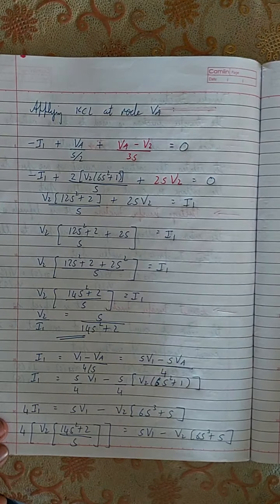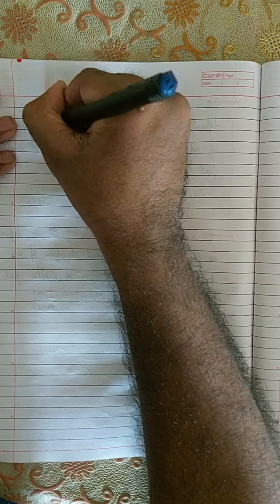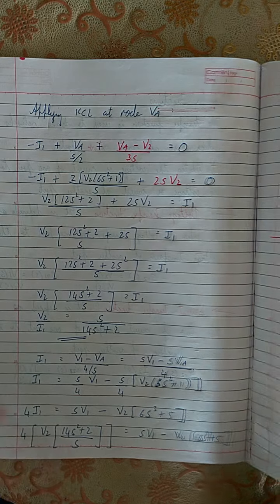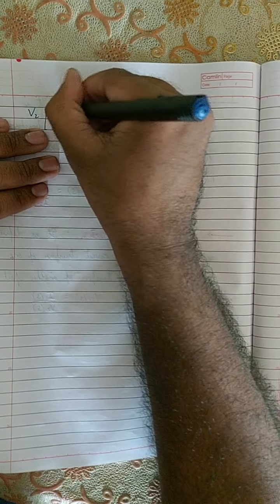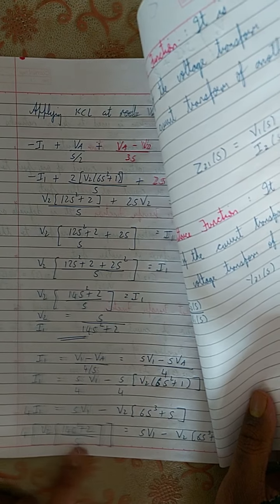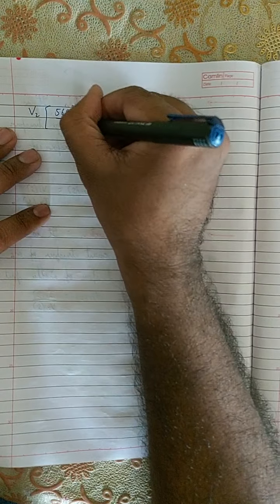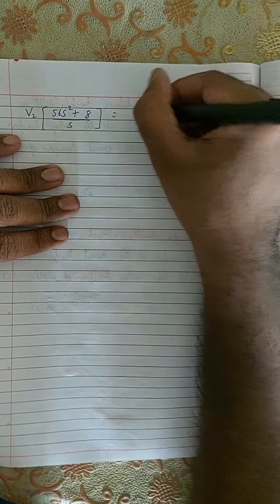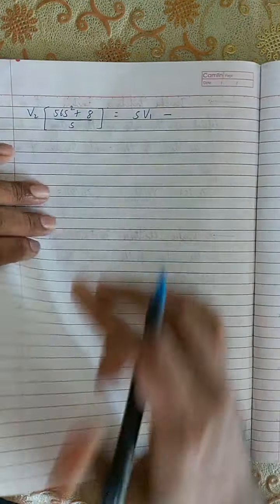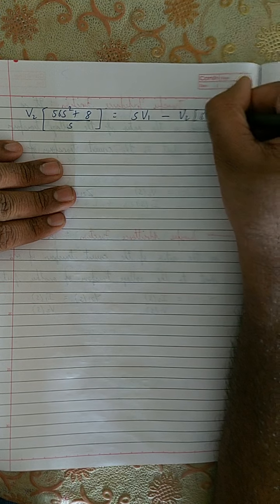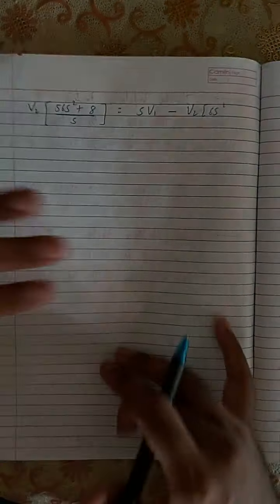Or this can also be written as V2 into, I'm going to put this 4 inside, so 14 into 4 is 56, it will become 56s square plus 8 by s, is equal to sV1 minus V2 into 6s square plus s.